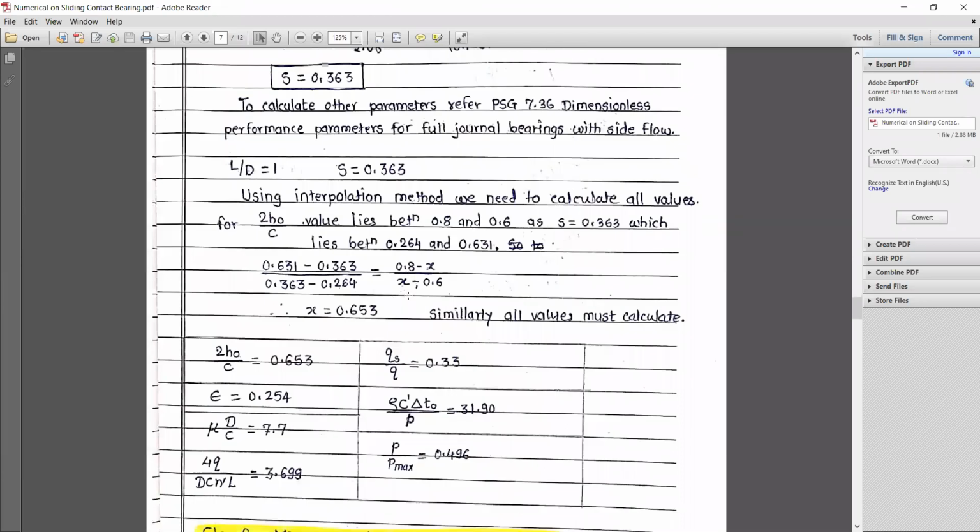Here I have made a sample calculation for the interpolation method.